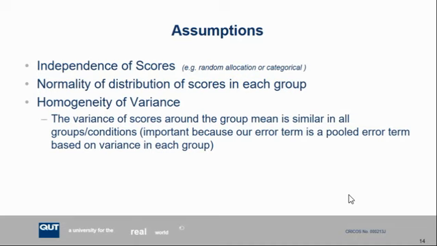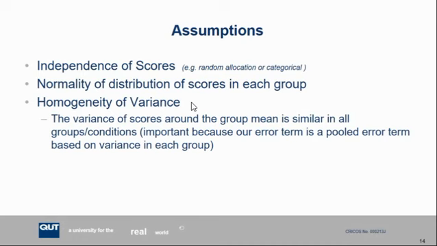As we know, we always have some assumptions underlying our statistical procedures. In the case of ANOVA, it's independence of scores, and this is achieved either through random allocation or the fact that we're using categorical variables. That the distribution of scores in each of our groups approaches normality, and that we have what's called homogeneity of variance.